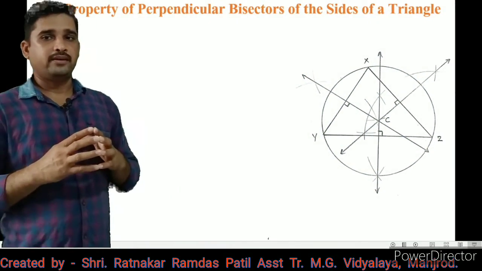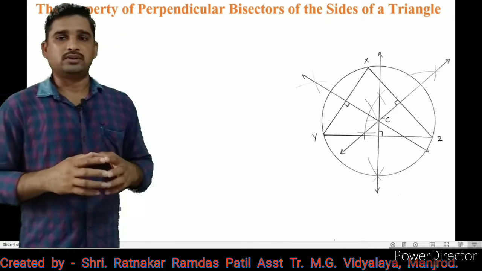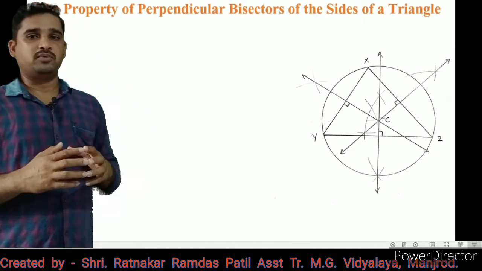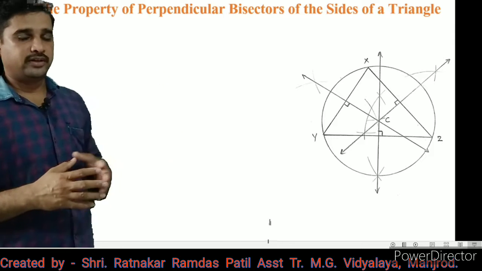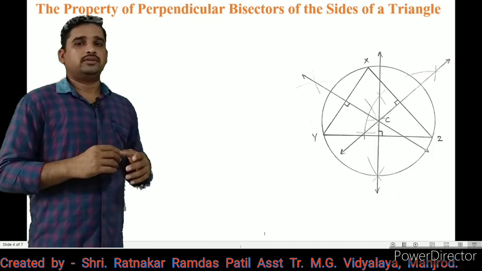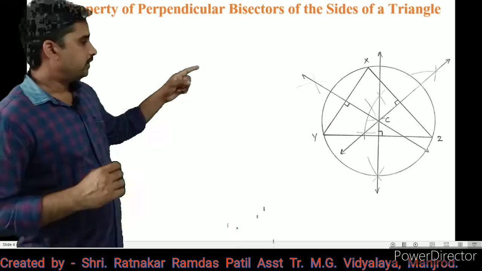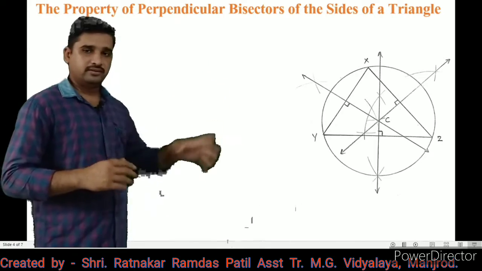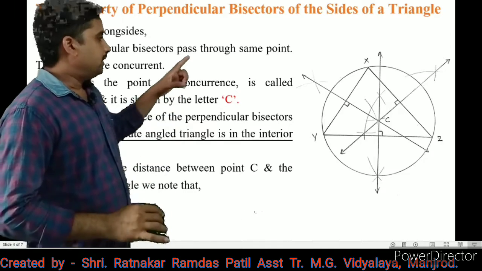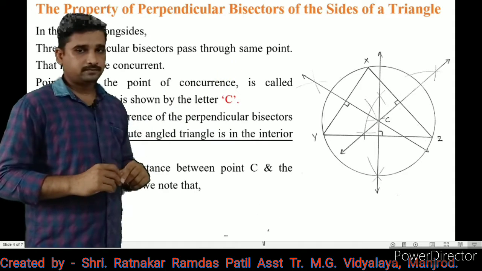Students, we learned how to draw the perpendicular bisector of a line segment. To learn this property, first we draw any triangle, here triangle XYZ, and we draw the perpendicular bisectors of all three sides of this triangle.